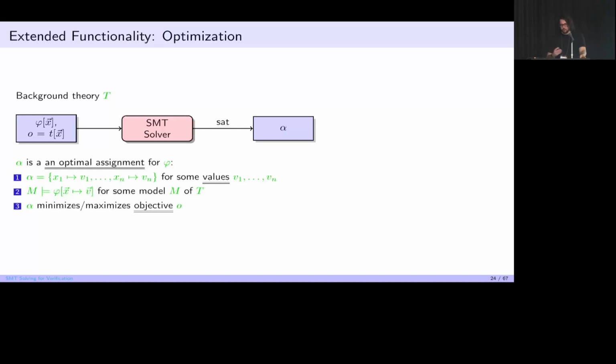Some solvers provide this functionality, and you have the same sort of problem, that you have to determine modulo a theory that you want to find an assignment, but now you have added another restriction, which is that this must minimize or maximize an objective function, and how do you leverage this in the search, and so on and so forth.